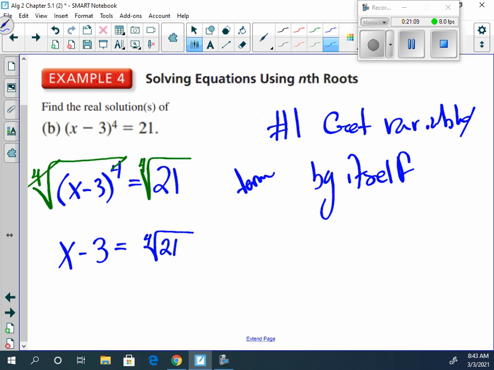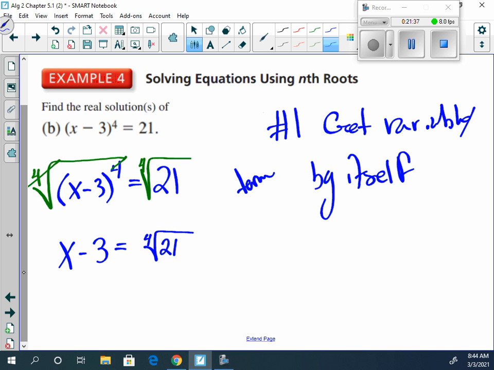And if we typed it in, we're going to get something close to 2.2, would be my guess. And that's not because I know the fourth roots. It's just, well, since 2 to the fourth is 16, 3 to the fourth is 81, 21 is closer to 16, so it's going to be closer to 2.